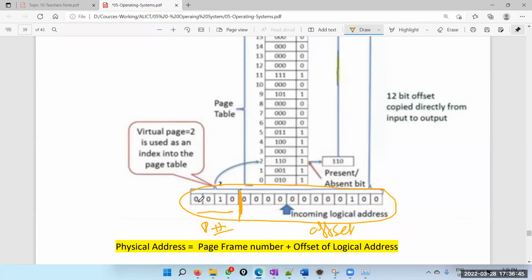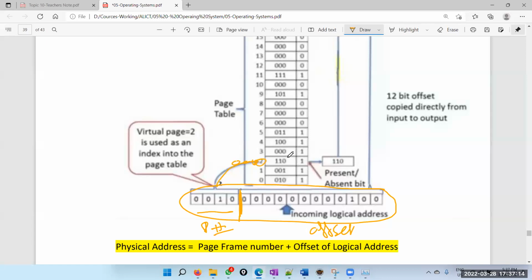Now let's convert the page number to decimal. 0010 is 2. They may give binary here, or they may have converted it to decimal. So 0011 is 3, and this is 0010, that is 2. Therefore, you have to go to the second row entry.